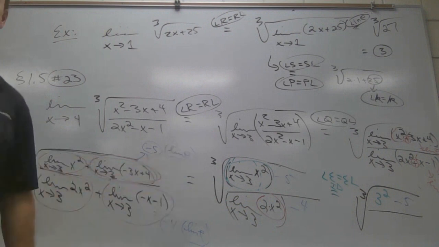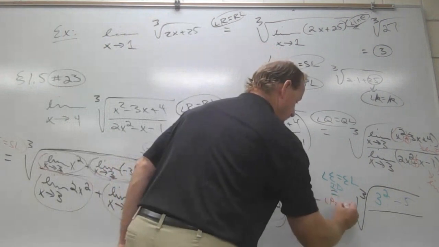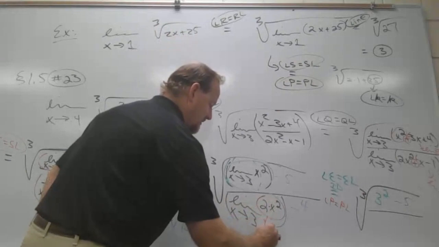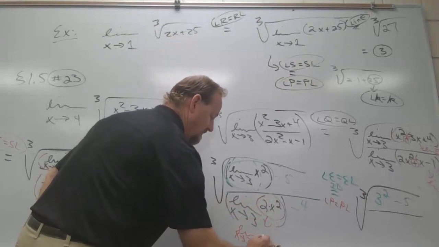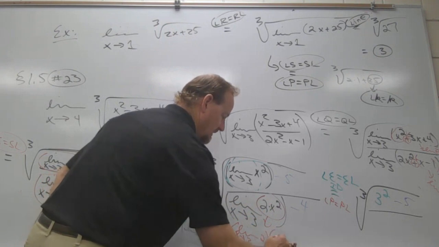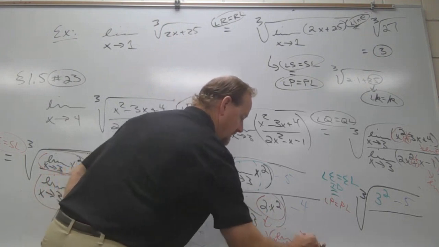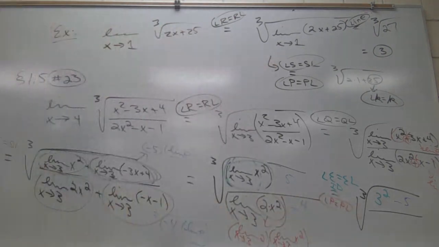What are you doing with the 2 and the x squared? Multiplying. So limit of the product is the product of the limit, right? So I'm gonna go under here. I'm gonna say this is the limit as x approaches 3 of 2 times the limit as x approaches 3 of x squared. And this is limit of the product is the product of the limit. You okay with that?